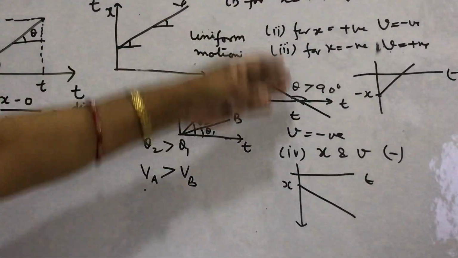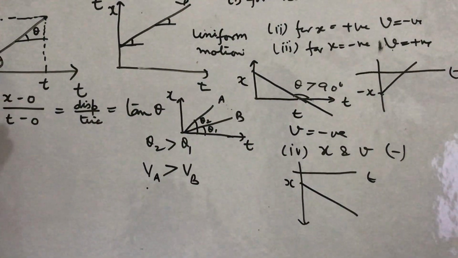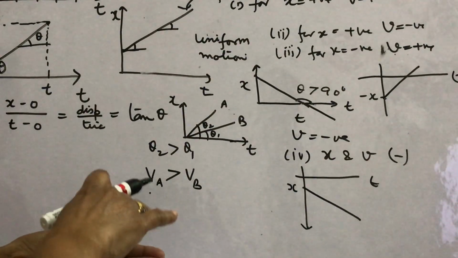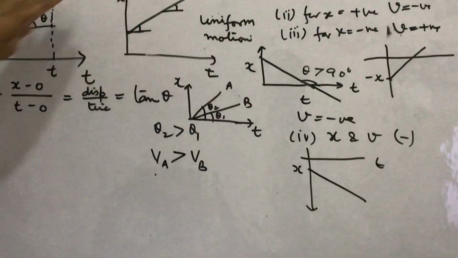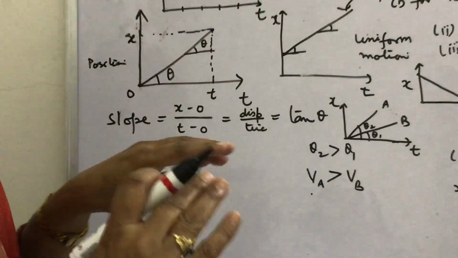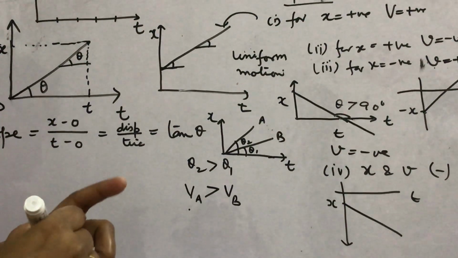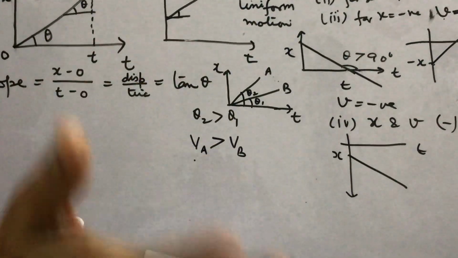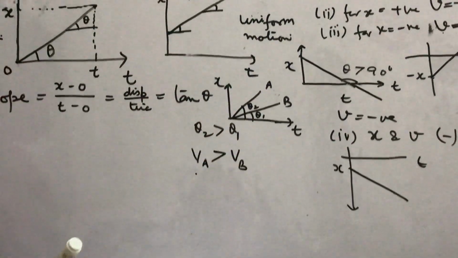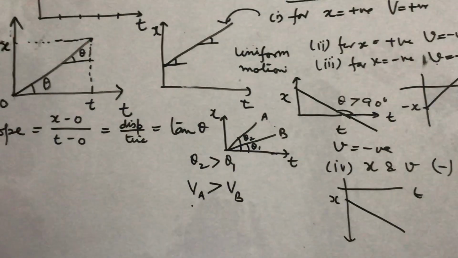So in the various cases of uniform motion, whether the velocity is positive or negative, you have drawn. So you have to learn these graphs. Now come to the point when motion is accelerated.